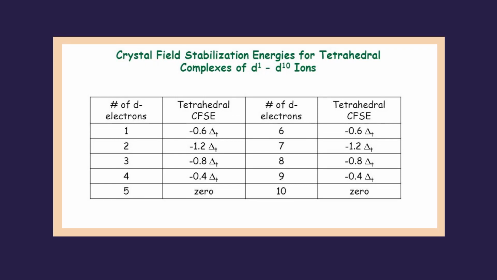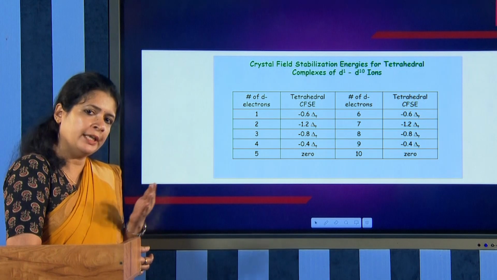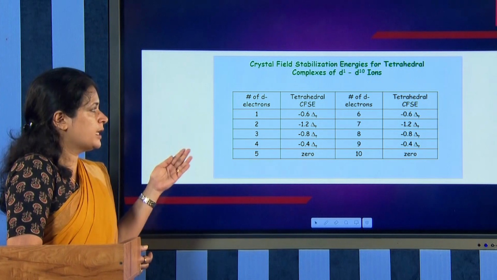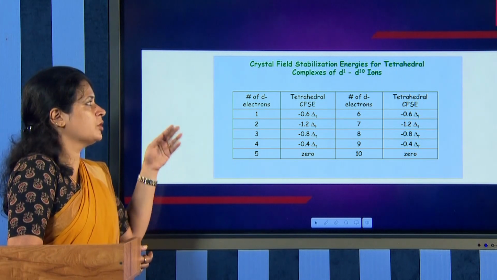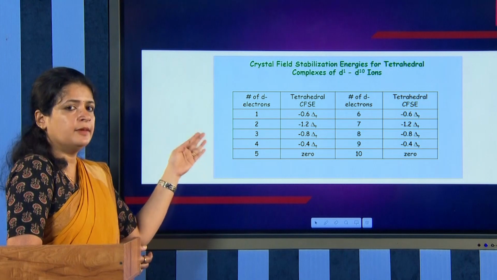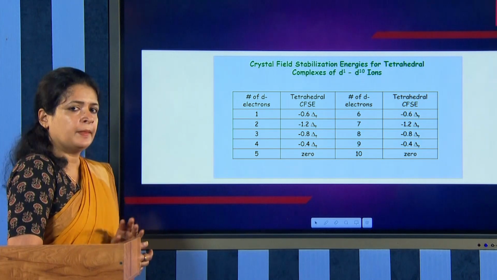See the crystal field stabilization energy, CFSE. We have already calculated it in the case of octahedral complexes from d1 to d10. In this case, you can calculate the CFSE values from d1 to d10.